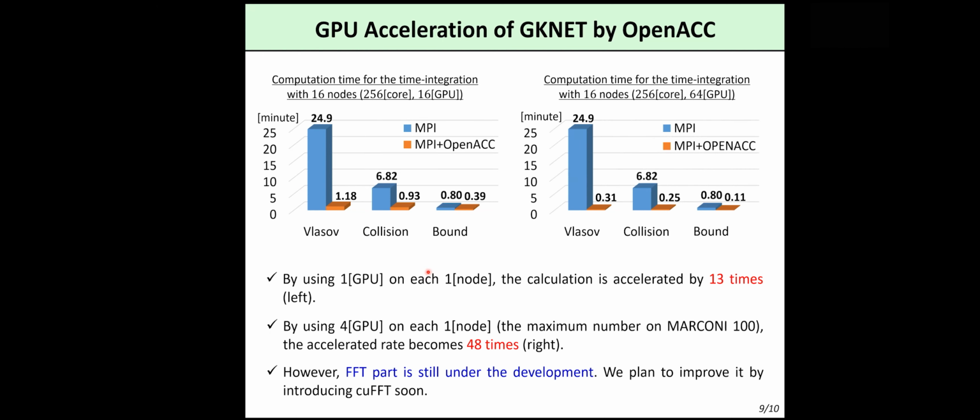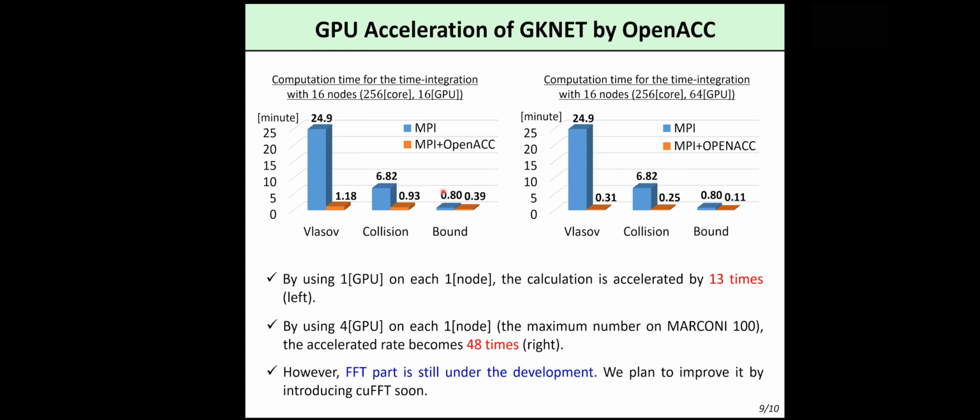In addition, by using 4 GPUs on each node, which is the maximum number on Marconi 100, the total acceleration rate becomes roughly 48 times. The speedup from 1 GPU to 4 GPUs is roughly 4, showing almost ideal scaling.